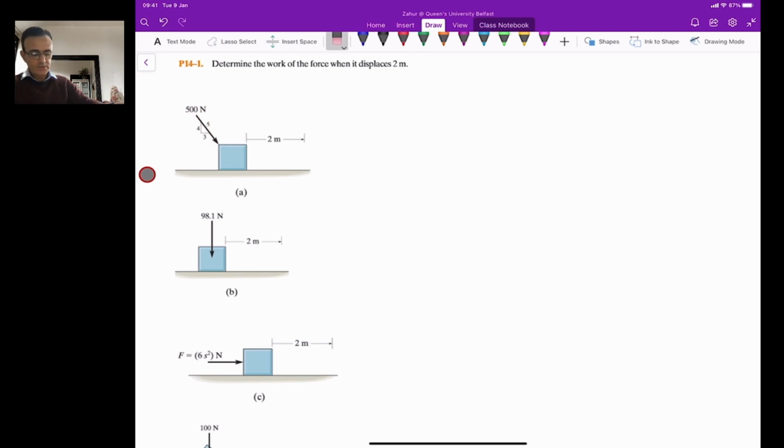So in part A, you can calculate the work done by this force P, which is equal to the tangential force, or you can say it's P cos theta into 2. In this case, the angle can be this angle here.